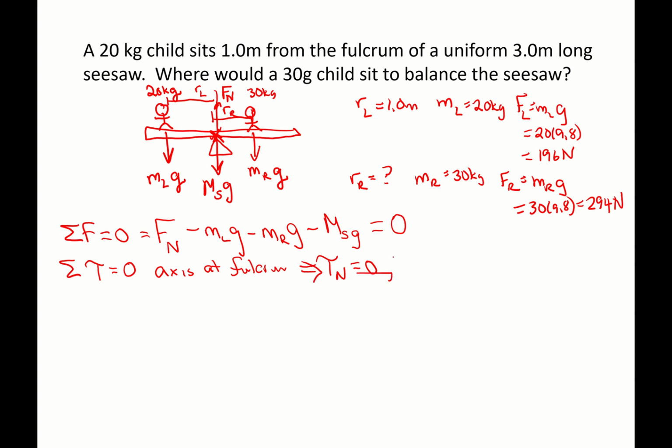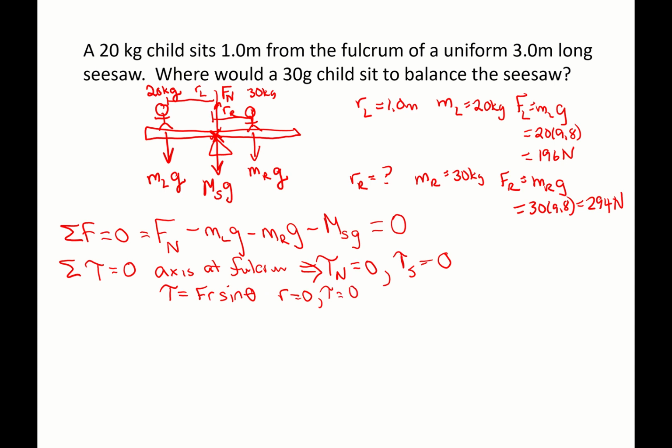And the torque from the seesaw, let's call it tau s, will also be 0. Why will they be 0? Well, remember, torque equals Fr sine theta. And so if our R is 0, which it will be if we're right at the location of the axis with the force, then the torque is 0.